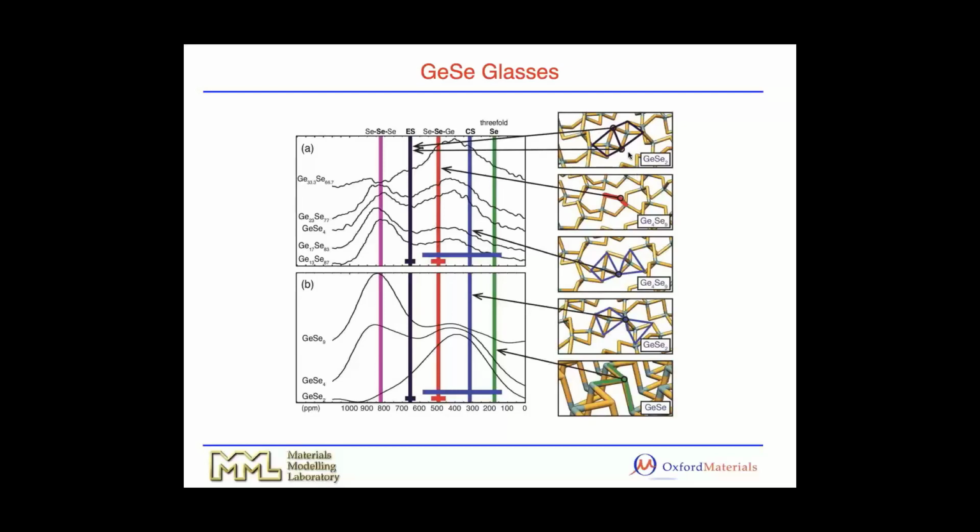In these glassy models, you can identify a variety of different selenium environments, from edge sharing to corner sharing to isolated selenium atoms to seleniums connected to two other seleniums connected to a germanium, etc. By calculating the NMR properties and correlating them with what type of selenium atom they are, we could provide what the ranges are. So the peak over this side is always a selenium connected to two other seleniums.